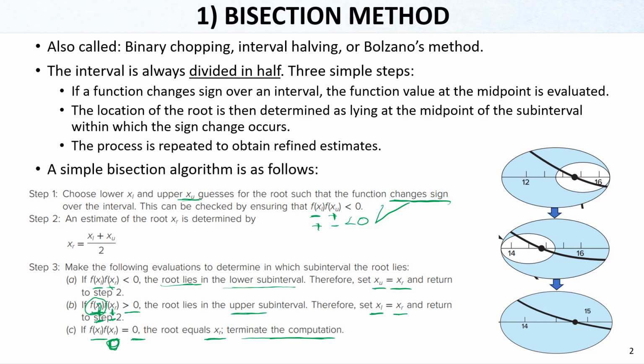So we continue this until we find this third alternative. If these are true, then we repeat this step. If this is true, we stop basically. And this is how we apply the bisection method. It's very simple and it guarantees finding the root of an equation.